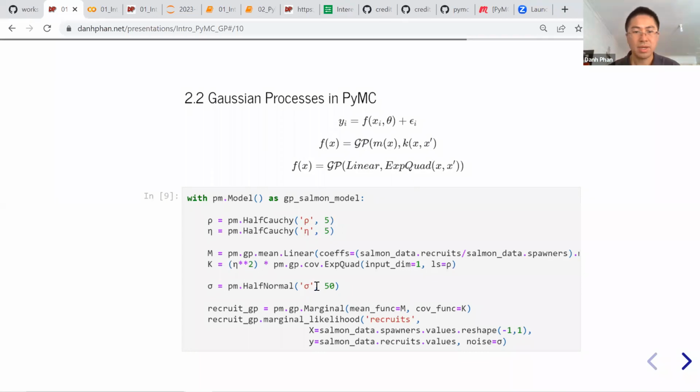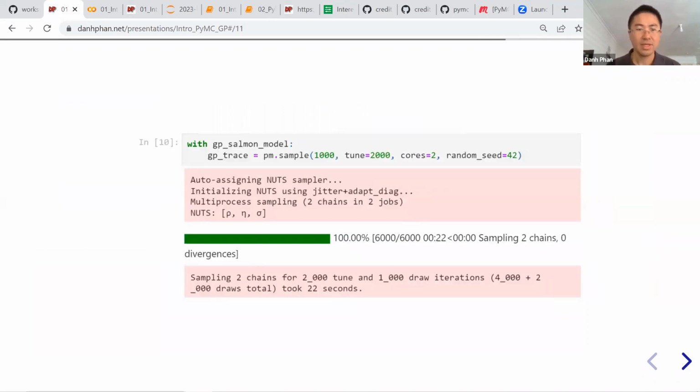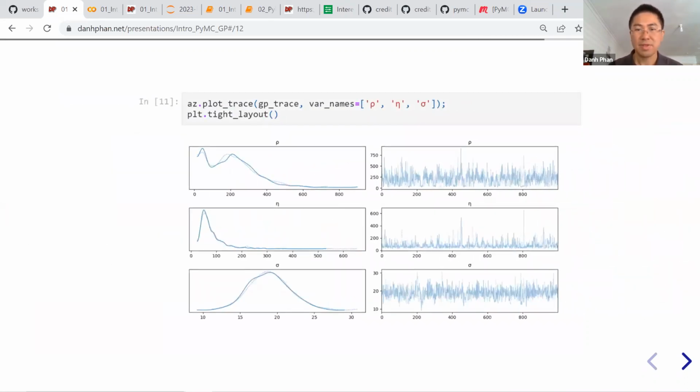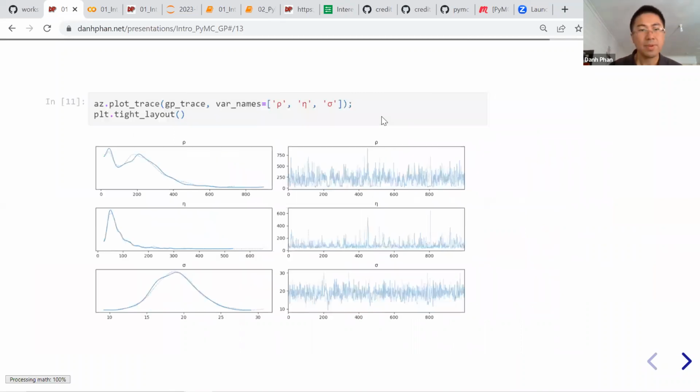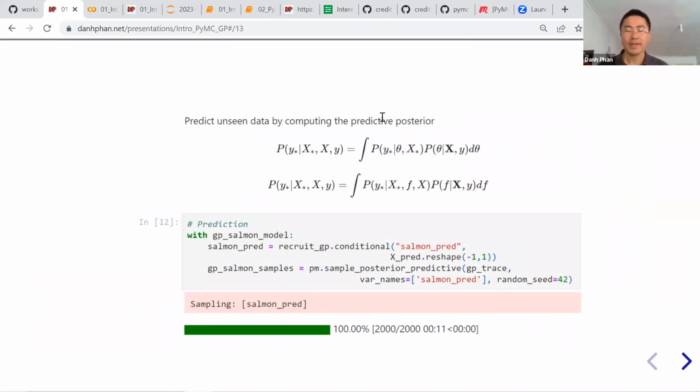And after that, we do the same thing. PyMC can do this sampling for us. And then after that, we can see the posterior here for some parameters in our kernel, right? And from that, we can also sample to calculate the predictive posterior.